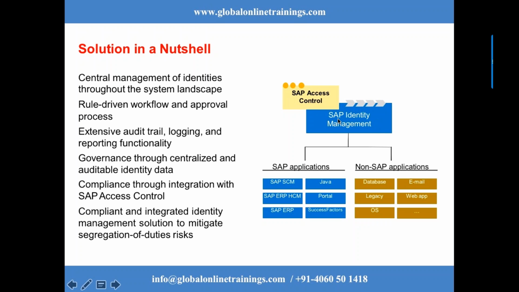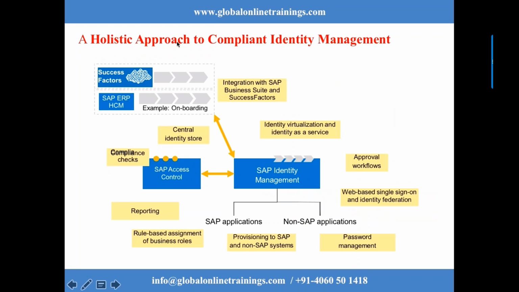All right, so this is how the traditional sense works in the holistic approach. Compliant user lifecycle management in IDM is basically you are onboarding the users on SuccessFactors or HCM. Then that is integrated with your SAP IDM, right? Once that happens, there's an integration with GRC where it does the compliance check and makes sure the access the user is getting is compliant.